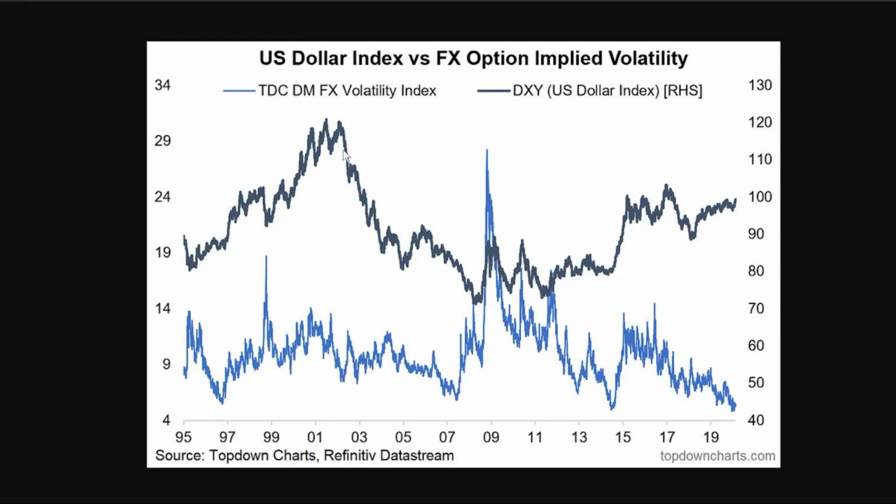When it turned up, you had this big sharp move to the downside. And then later, in 2007, you had another particularly notable crunch in volatility. And when it turned up, you had basically a breakdown there.